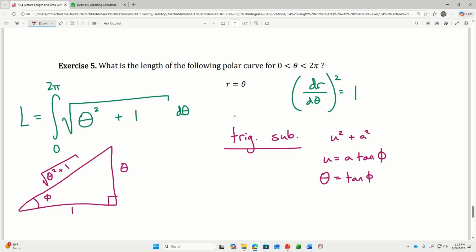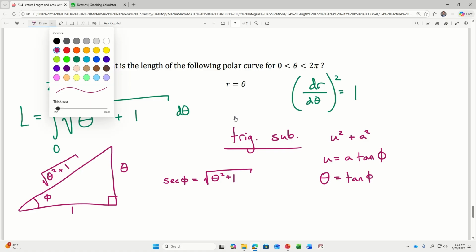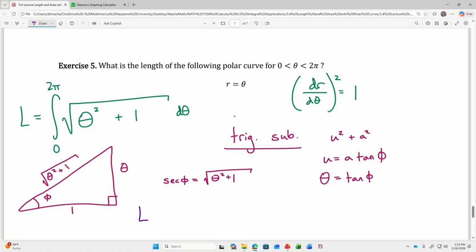And that way if I want to get my integrand, what trig function of phi would give me my integrand? Secant of phi is the square root of theta squared plus 1. So we might try to start writing my length integral, at least the antiderivative part, in terms of secant, right?